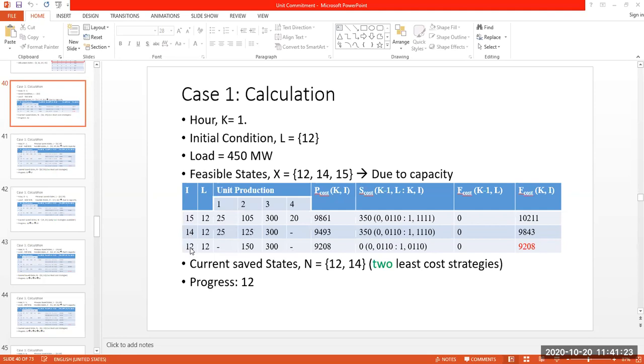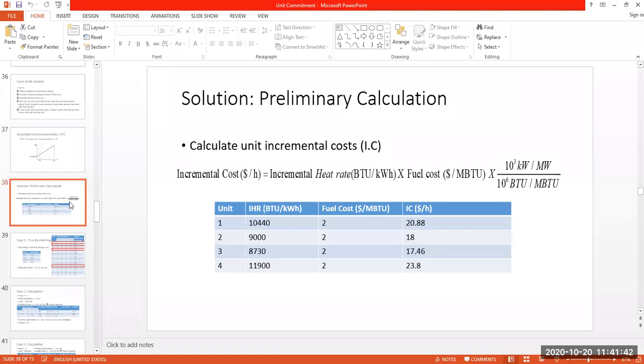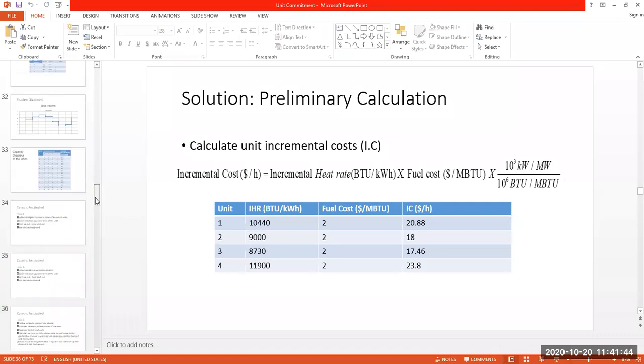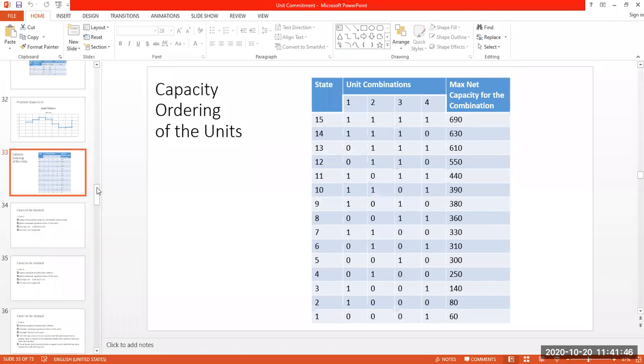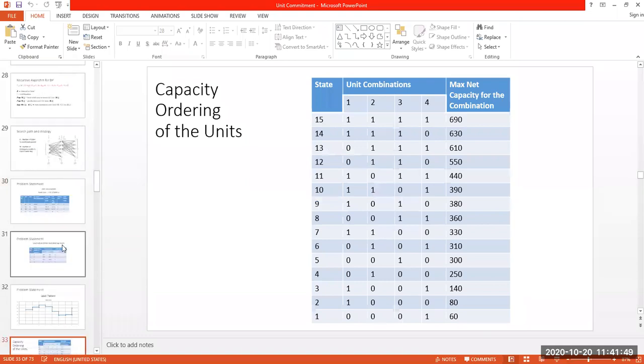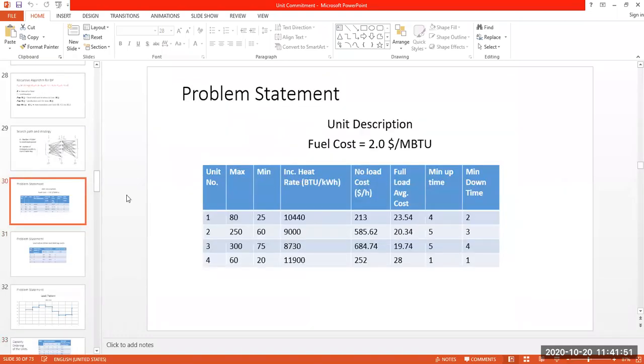What is your demand? Your demand is 450. So you only have unit 2 and 3 to play with. Which one is the most prioritized unit? Unit 3. Its maximum capacity is 300. Unit 2 has a maximum capacity of 250.